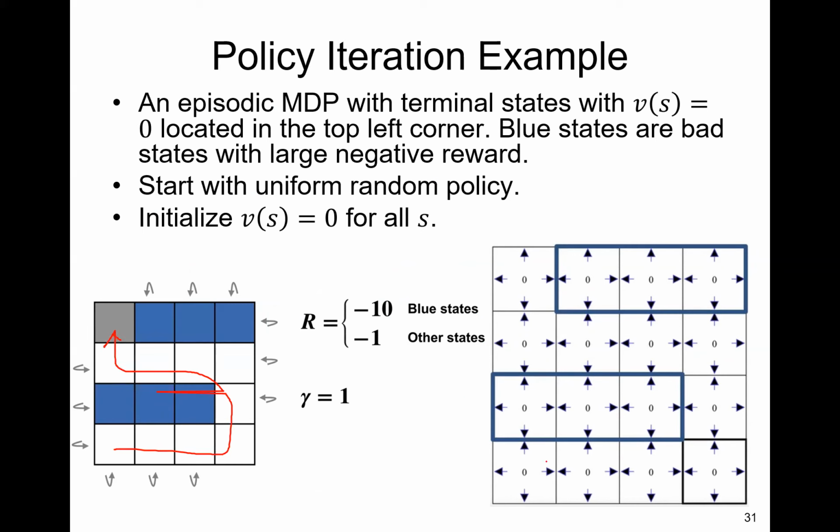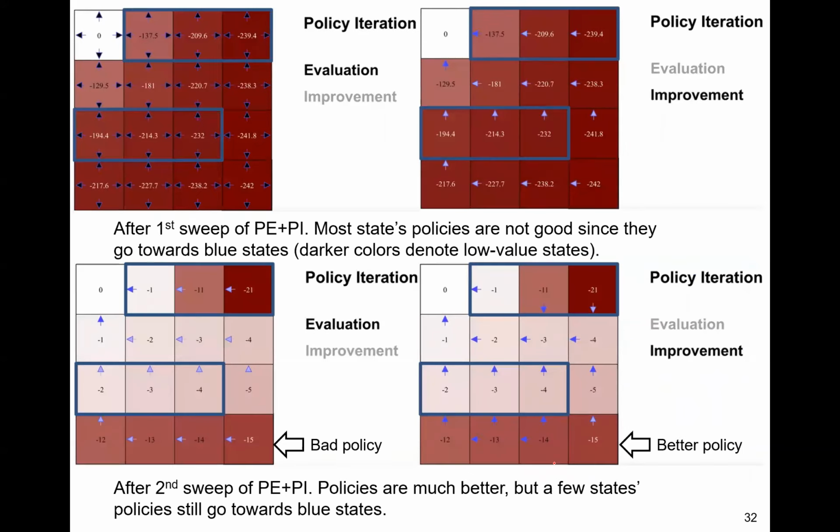So you want to learn that, but you are starting from a random policy, and hopefully after some iterations, it will converge to the optimal policy. So you can see that from the initial random policy, you have very negative value functions. The farther away you are from the terminal state, the more negative your value function.